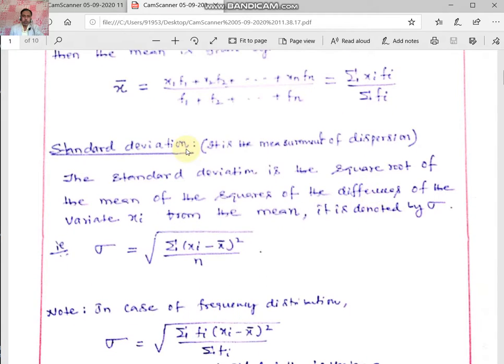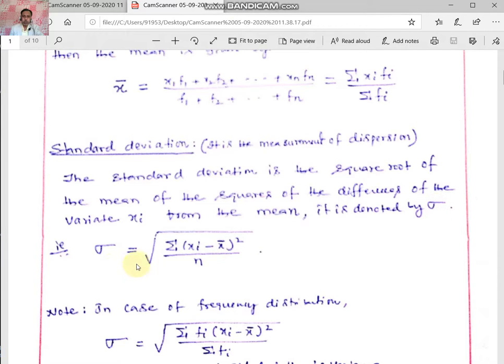And standard deviation is nothing but the measurement of dispersion of values from the given data. The standard deviation is the square root of the mean of the squares of the differences of the variate xi from the mean. It is denoted by the notation sigma.